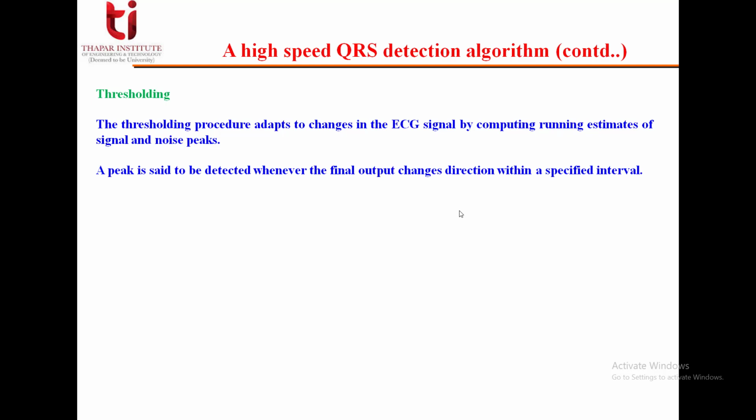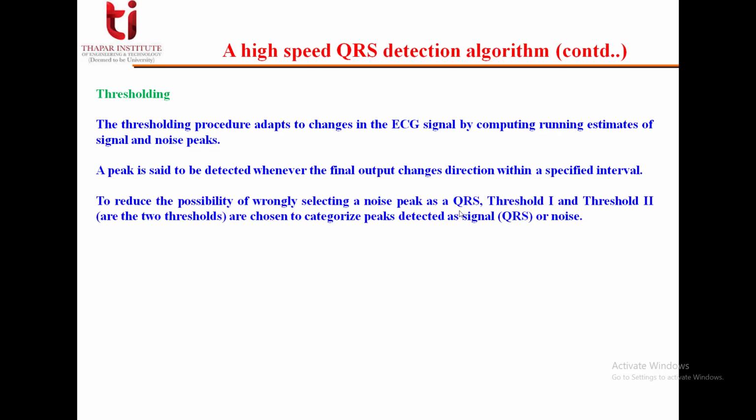A peak is said to be detected whenever the final output changes direction within a specified interval. To reduce the possibility of wrongly selecting a noise peak as a QRS complex, we are choosing two thresholds, threshold 1 and 2, which categorize detected peaks as signal QRS complexes or noise.